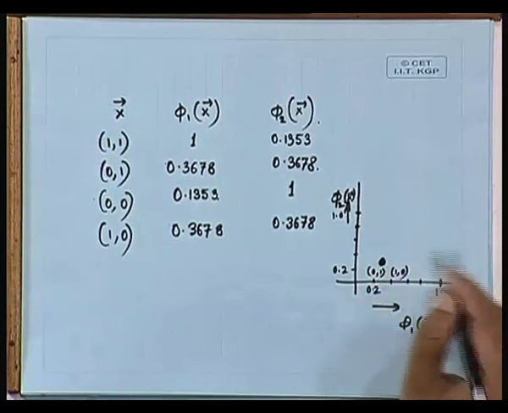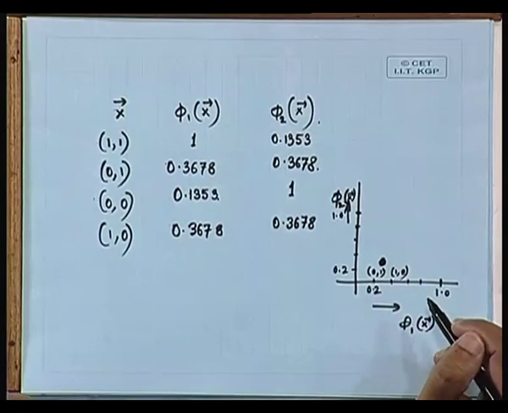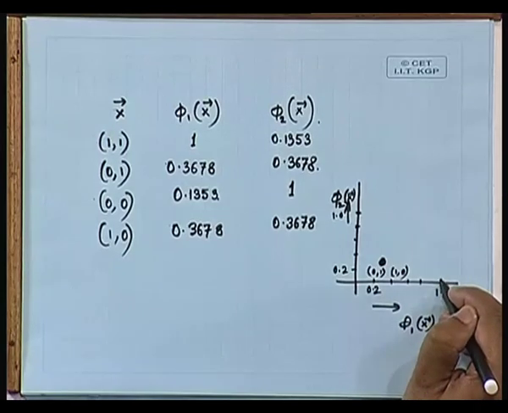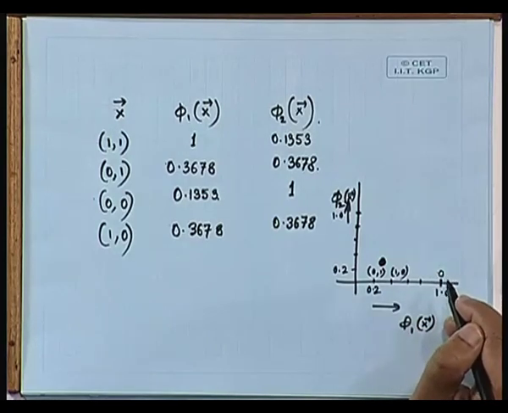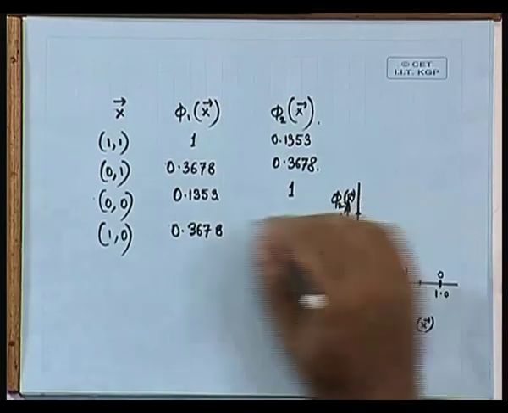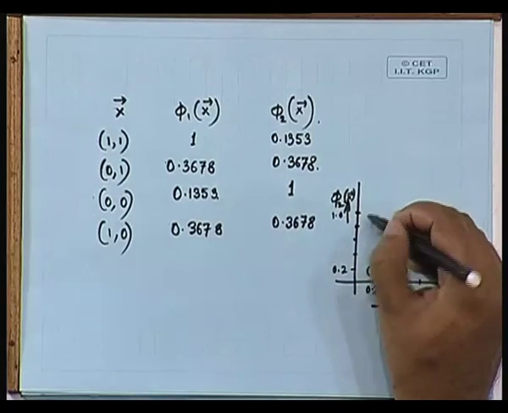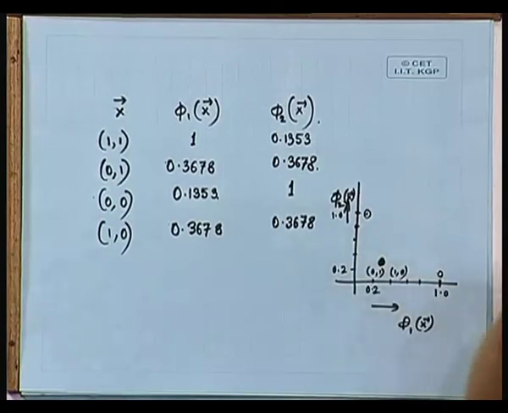Okay. So this is the 0, 1 and 1, 0 pattern, and then for the 1, 1 pattern, where will it be? It will be with phi 1 equal to a value of 1 and phi 2 equal to a value of 0.13. Okay. So somewhere over here there will be an open circle. And likewise for phi 2 equal to 1 means here, and phi 1 equal to 0.13, we will be having another value, with an open circle.